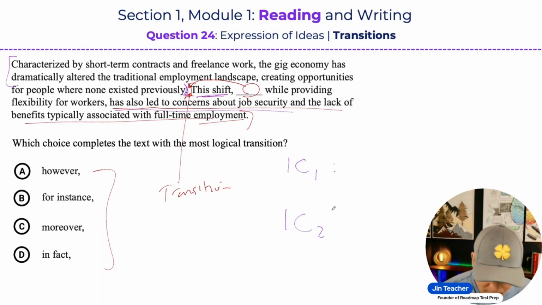So the transition word has to accurately show the relationship between those two sentences.